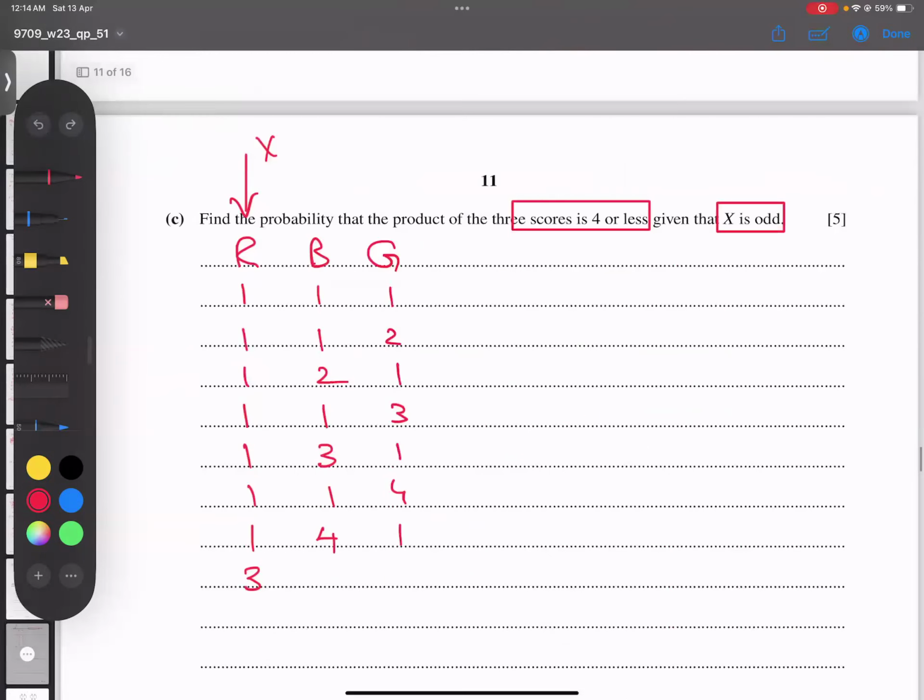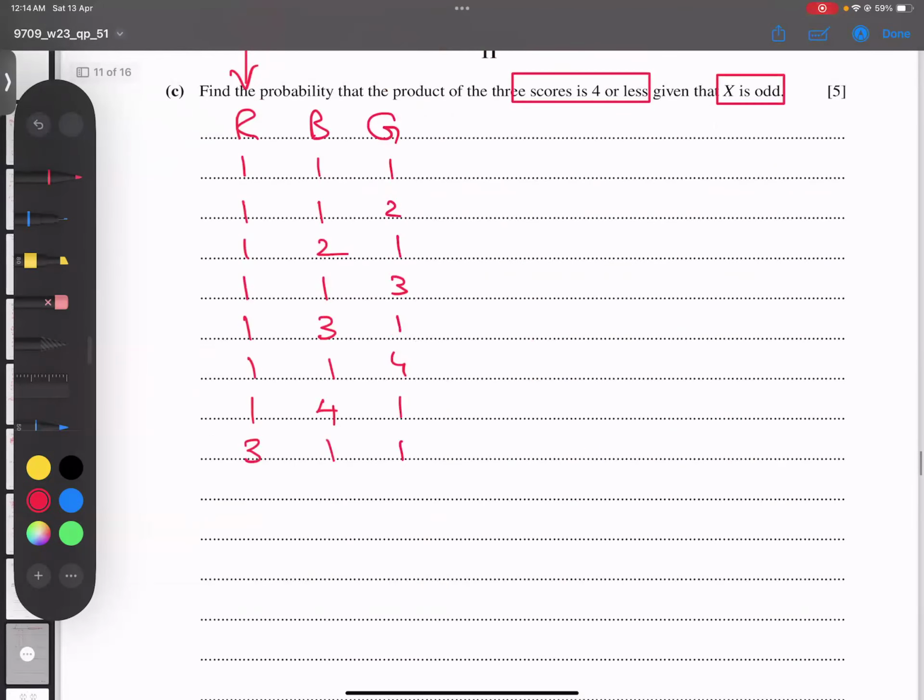So how is it possible, students? 3, 1, 1. Check it. The product is 3, which is less than 4. Can I make any change here? No, it becomes 6. It's not possible, so this is wrong. So I think this is okay.